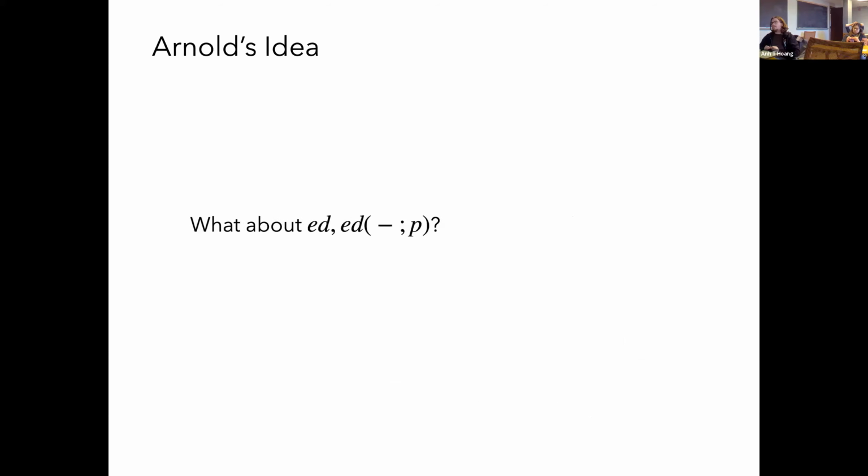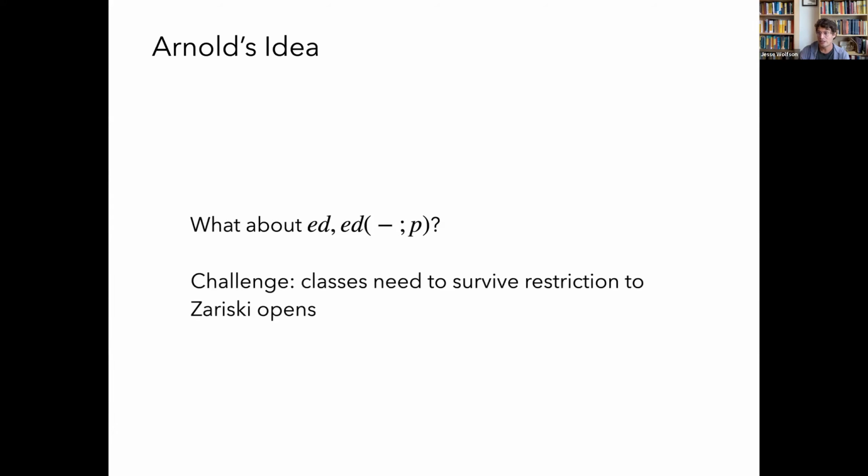All right, but you could ask, how about essential dimension, or essential p-dimension? And here the challenge is much more controlled. Classes need to survive restrictions to Zariski opens, and in essential p-dimension, we're saying our auxiliary branch covers have to have degree prime to p, which puts us in the case where we have transfer in mod P cohomology.